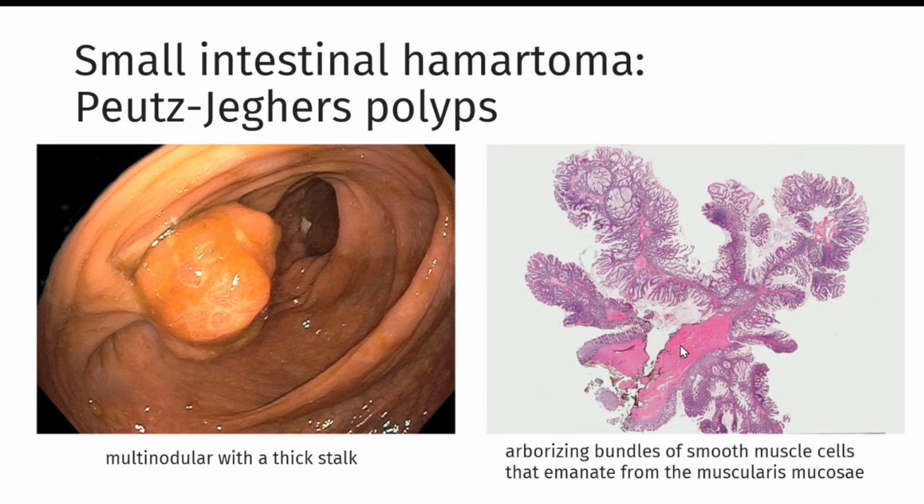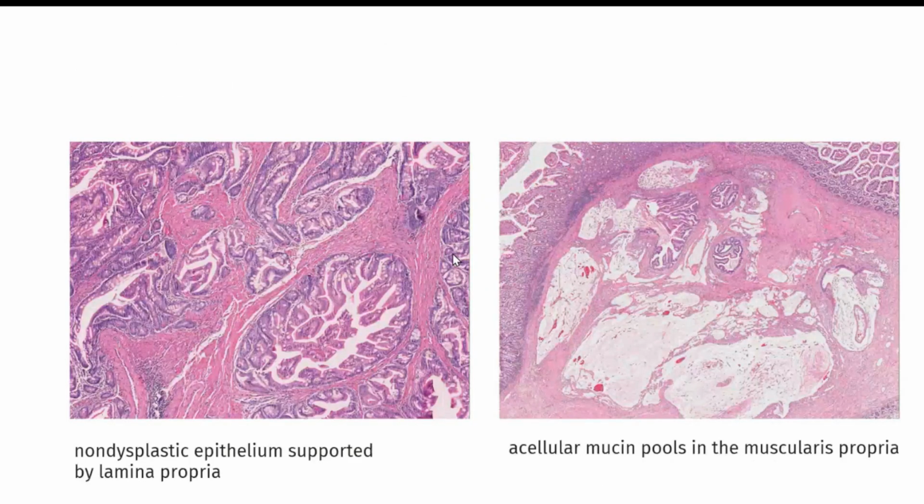In Peutz-Jeghers polyps, we can see this arborizing smooth muscle. We also can see lamina propria supporting all of this epithelium in these polyps. Sometimes we see acellular mucin pools in the muscularis propria in this polyp, but that does not mean this is carcinoma.